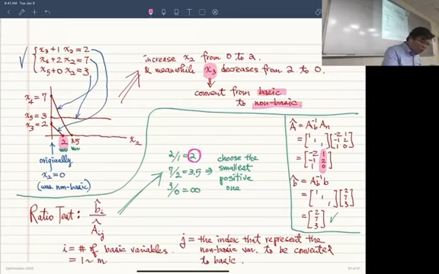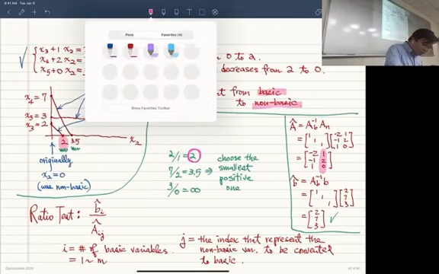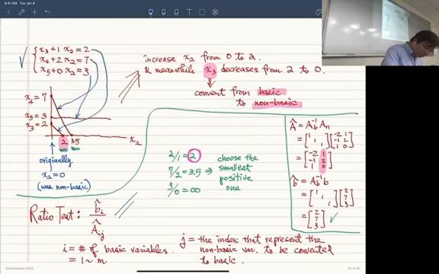And from here, we know these are representing x3, x4, x5, right? Following the order.